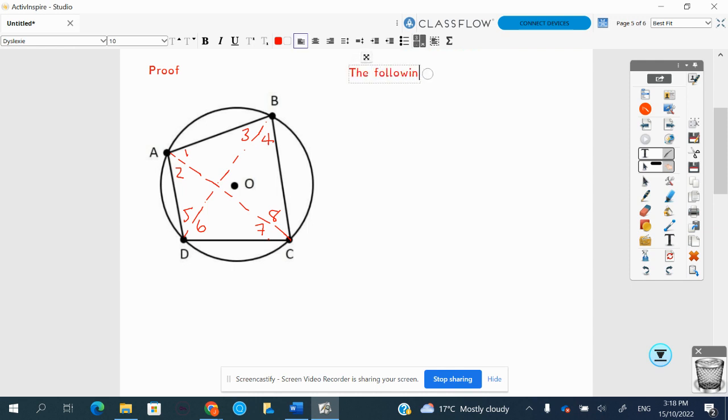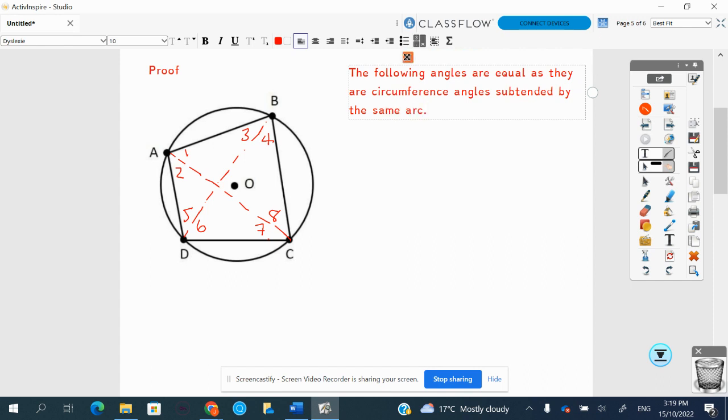The following angles are equal as they are circumference angles subtended by the same arc.